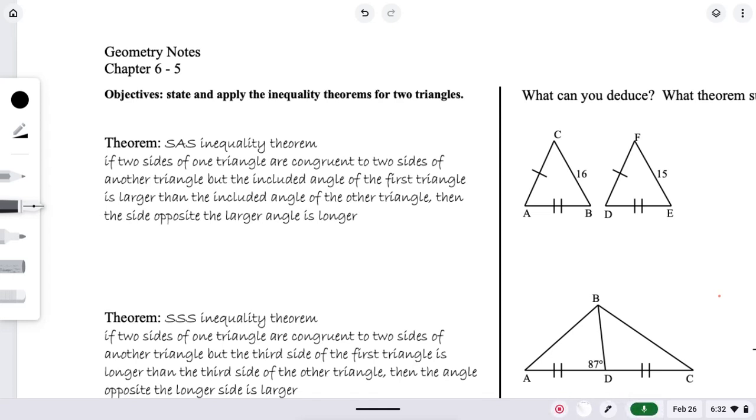All right, so this is section 5 of chapter 6 for geometry, and we're going to talk about inequality theorems for two triangles.